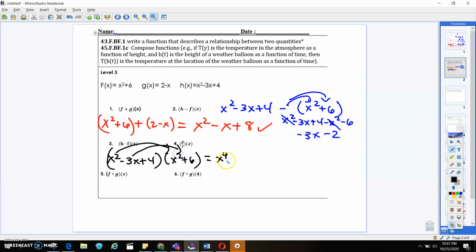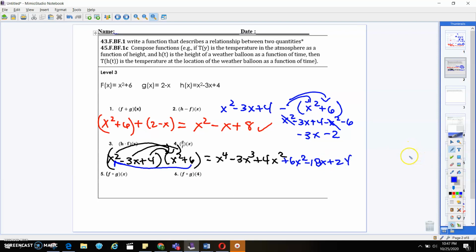Negative 3x times x squared is going to give us negative x to the 3rd. 4 times x squared is going to give us 4x squared. And then we're going to do 6 times all of that stuff. So 6 times x squared is going to give us 6x squared. 6 times negative 3x is negative 18x. And 6 times 4 is going to give us 24.